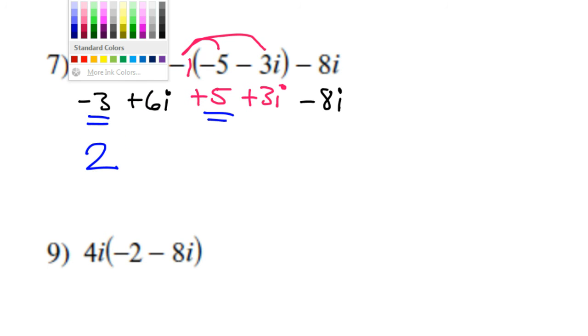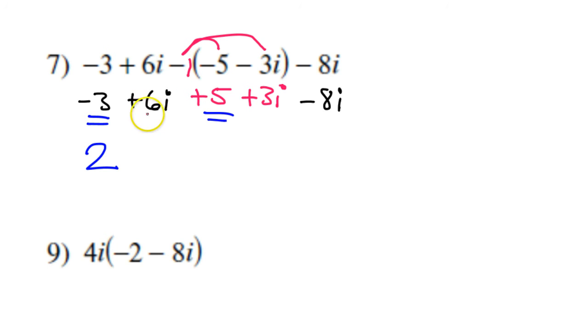And then all 3 of these are like terms. So 6 plus 5 is 11. And then, no, I'm sorry, I'm looking at the wrong thing. 6 plus 3 is 9. And then 9 minus 8 is 1. So this will just be plus i, like a 1i.